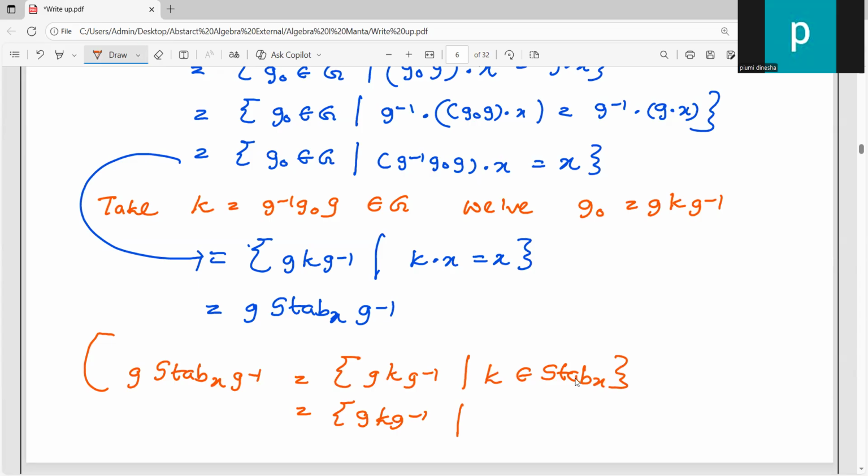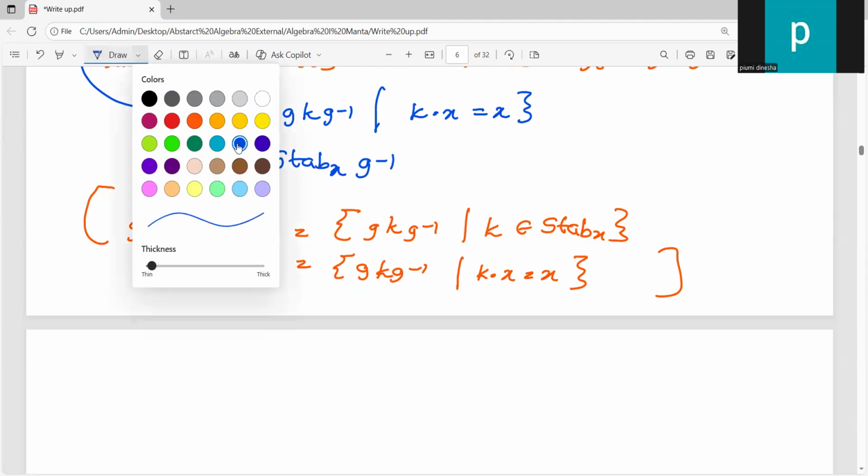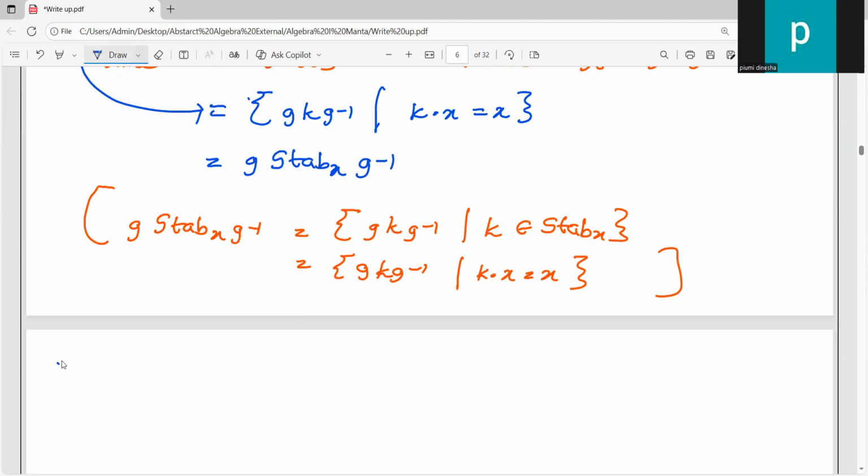If k comes from stab x, by definition, we must have k dot x equal to x. Exactly what we see over here. Right? That's why from here, I simply concluded this set to be g stab x g inverse. Any questions? Do you need to make any clarifications before we move on?